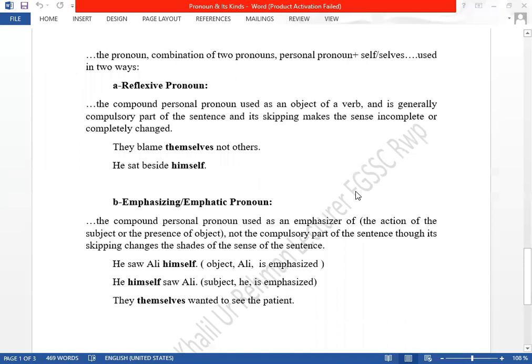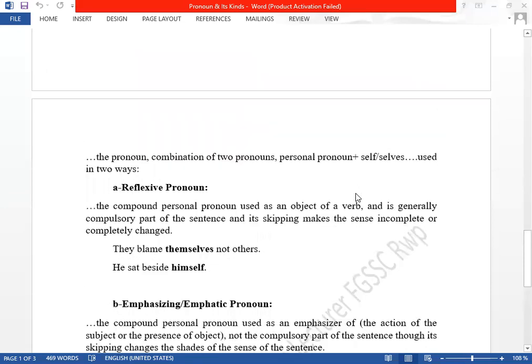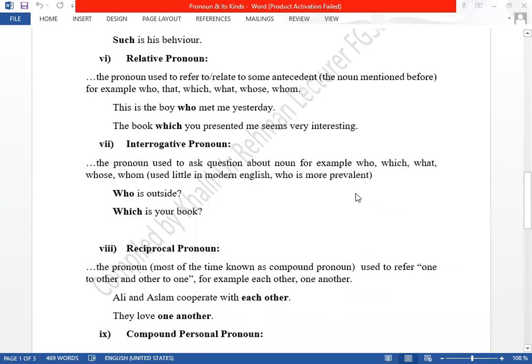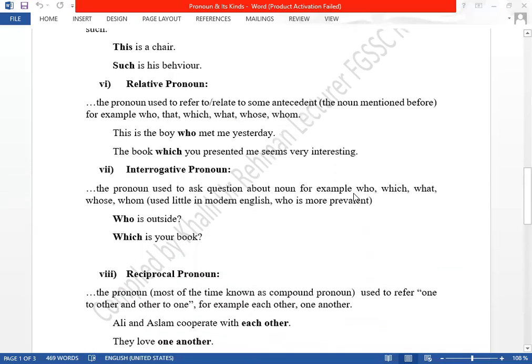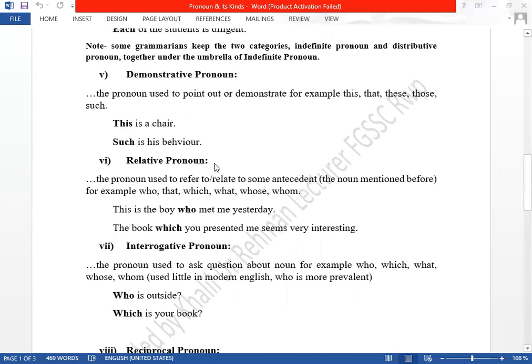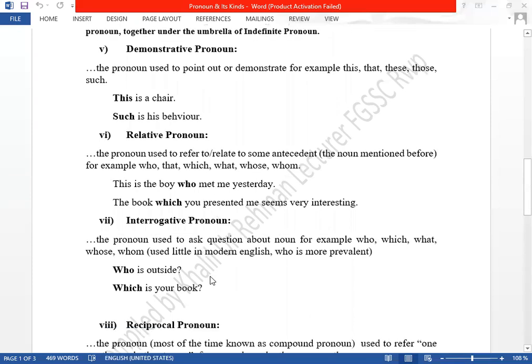So, dear students, today we discussed the kinds of pronoun. But you should keep in mind that whenever a pronoun is used exactly before a noun, it means that it is an adjective. For example, if we say, which is your book? It is an interrogative pronoun. But if I say, which book is yours? Then it will turn into an adjective. You have to keep the difference.